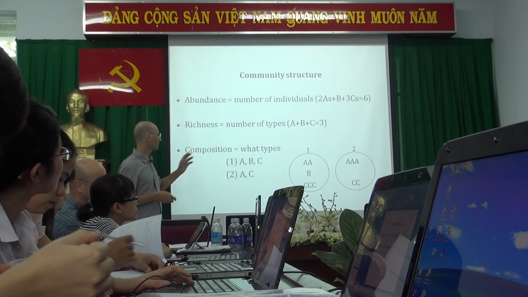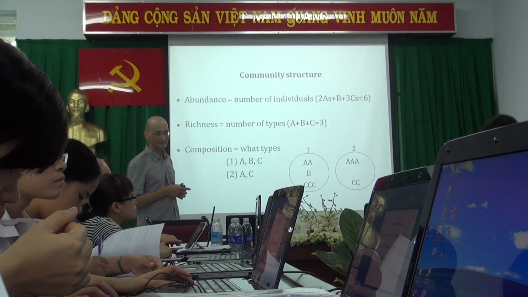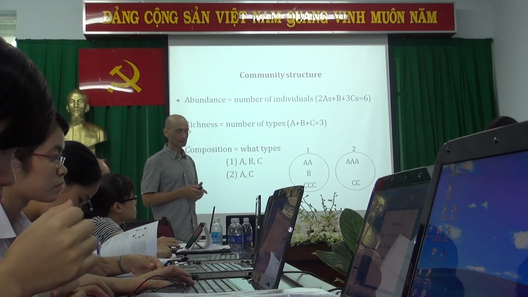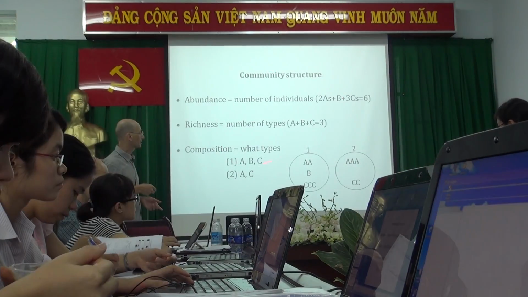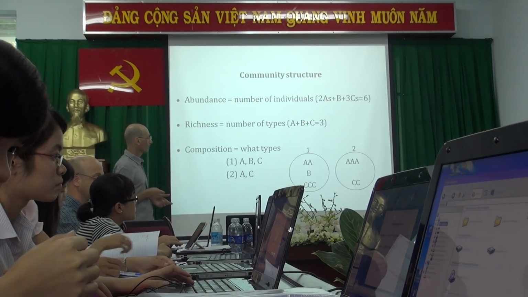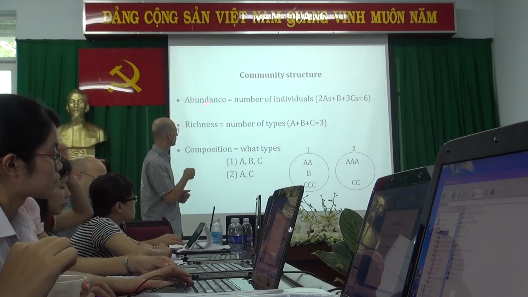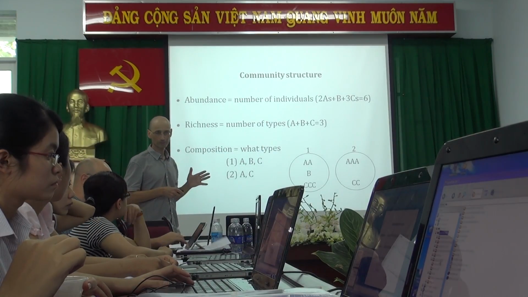Okay, so this is where we stopped yesterday with definitions of communities, populations, ecosystems, and the definition of community structure. This type of definition of parameters that compose what we call the community structure seem to be very simple.